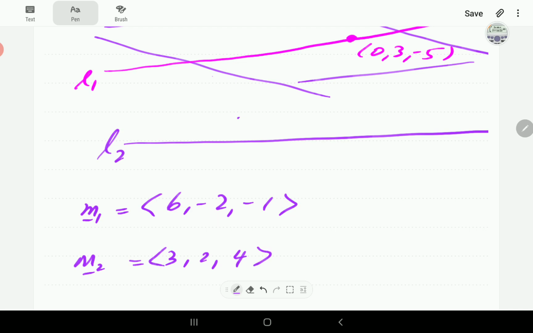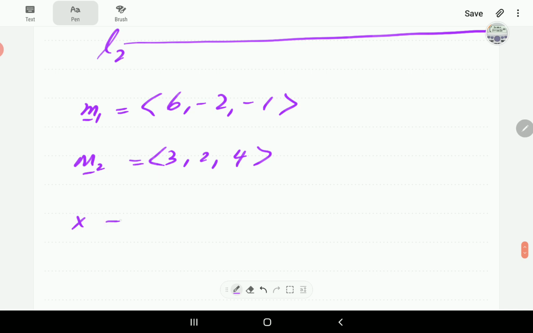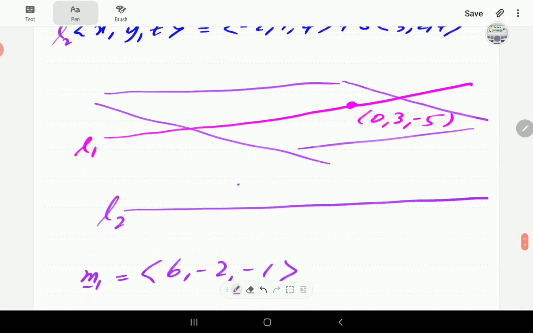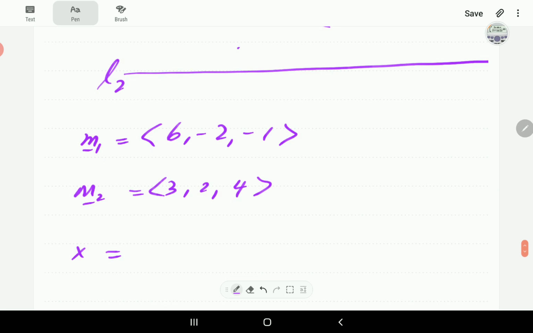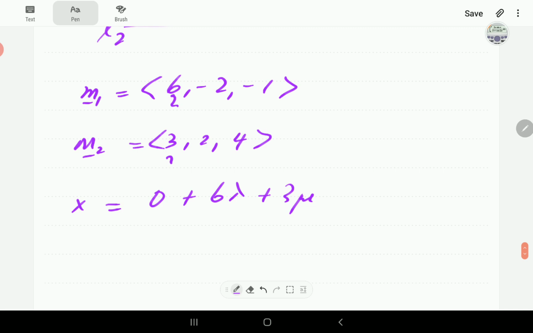So from that we have got two direction vectors, so we can write the parametric form of the equation. Using this point, x is going to be 0 plus 6 lambda plus 3 mu. That's 6 and this 3.